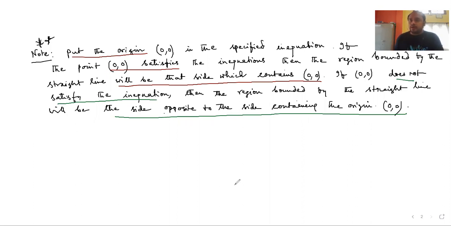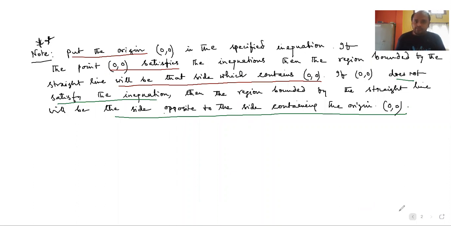So this is a very important note. If you have copied it, or probably you are clicking pictures of the screen, I'm moving back to my previous slide to continue with the problem.